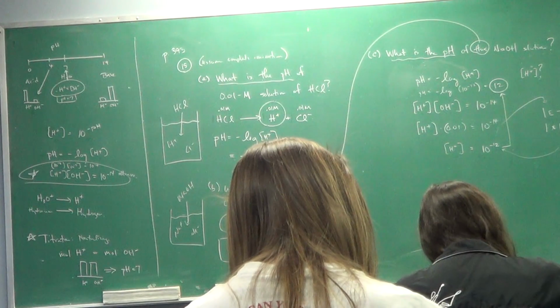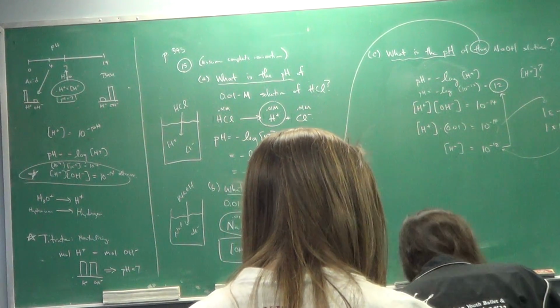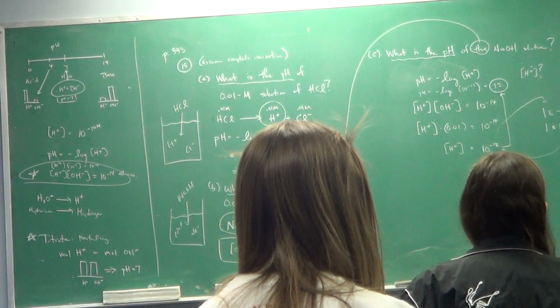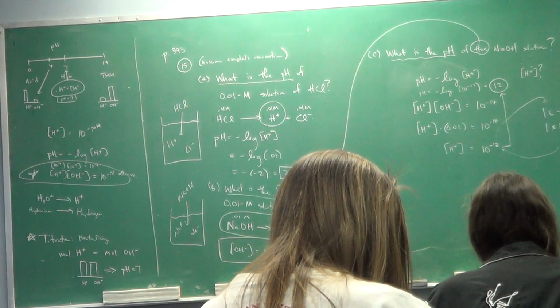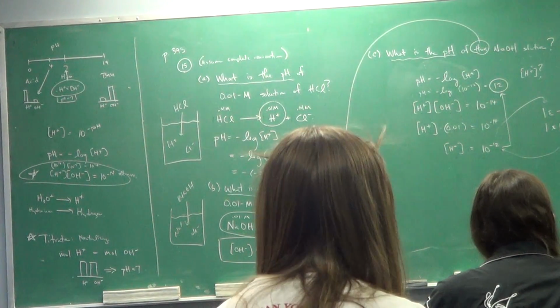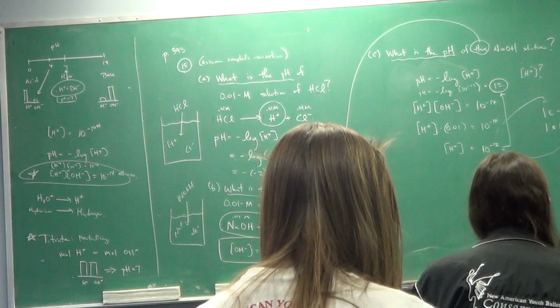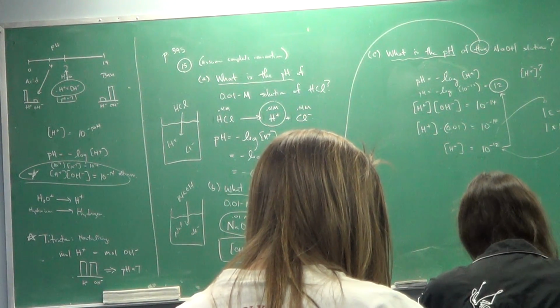B says, what is the pH of this solution? Well, if you know the hydrogen ion concentration, you know the pH, because the pH is always the negative log of the hydrogen ion concentration. So it's the negative log of 1e to the negative 8. So take the log of that number, and you get the pH to be 8.